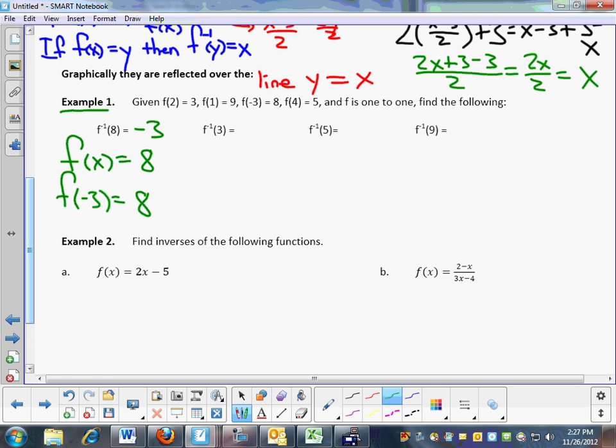Normally we say, give me an input and I'll give you an output. Inverses say, given the output, tell me what the input was. So if the function has an output of 3, what input gives you an output of 3?